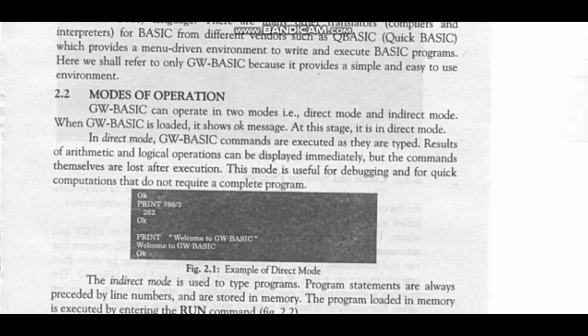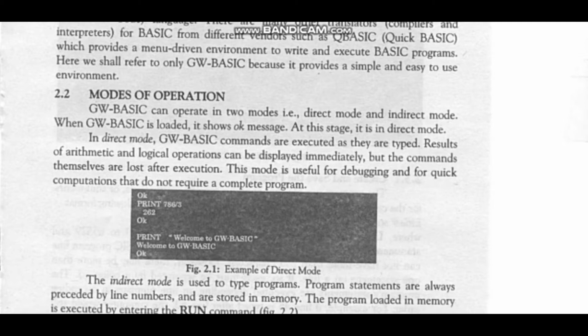Now I will discuss the first, direct mode. What is direct mode? In direct mode, a message with the word OK appears on the screen when GW BASIC is started. In direct mode, a BASIC command is executed when the user types a command and presses the Enter key.